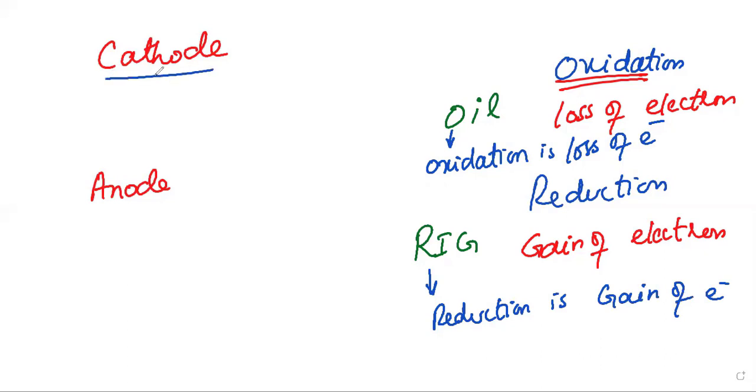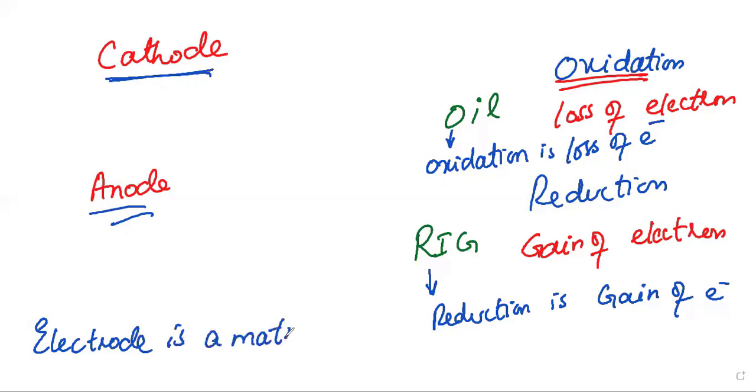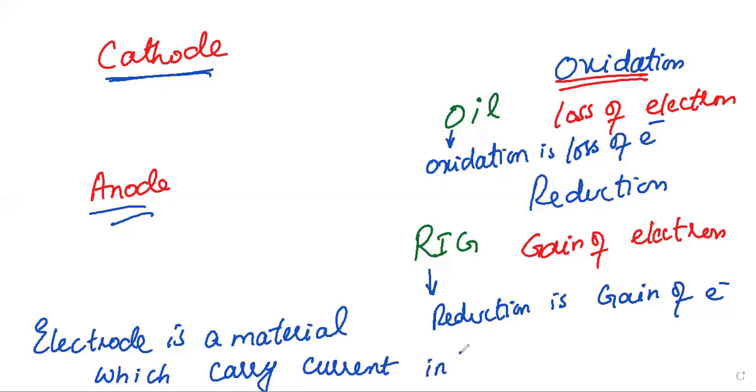Now, there are two electrodes. An electrode is basically a rod-like material which passes current into the solution. An electrode is a material which carries current into the solution.